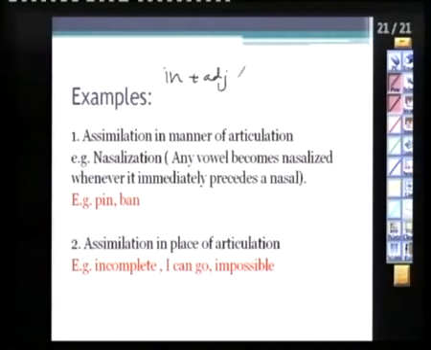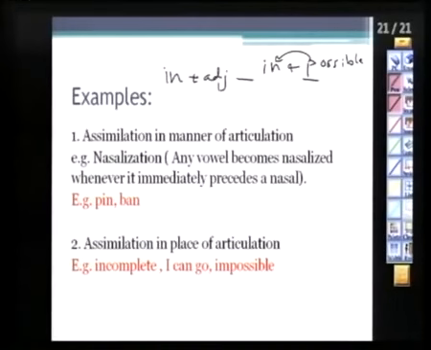So what happens? Sometimes when you attach, for example, N to a word just like possible, you're going to have assimilation, because the P sound is going to affect the N, and the N is going to become a bilabial nasal. What is the bilabial nasal that we have? It's the M. So it's going to become impossible.